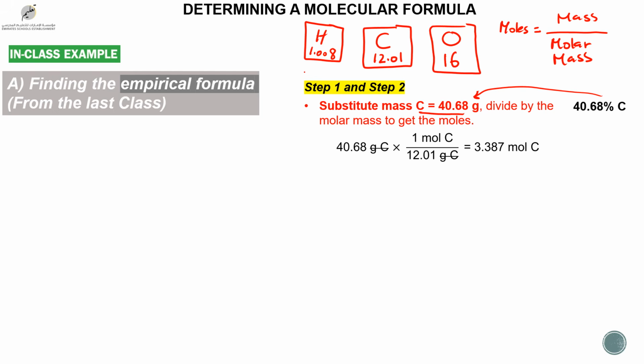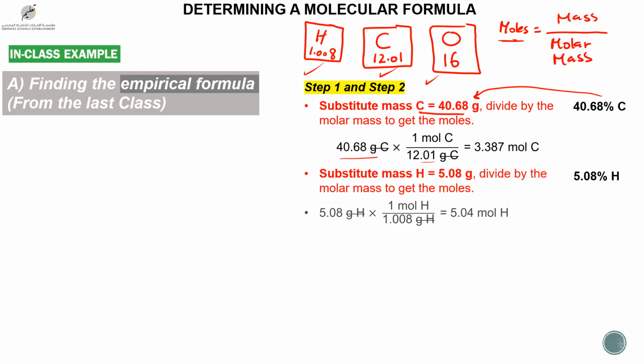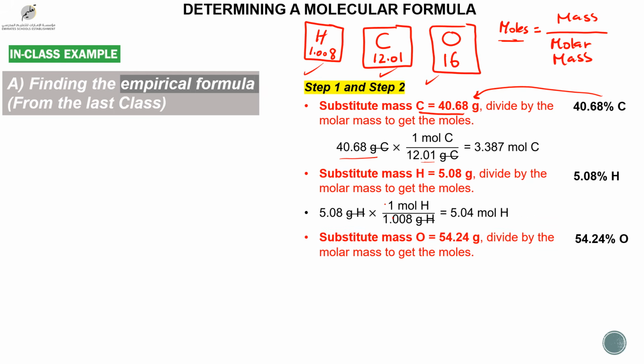And then up here you have the molar masses of the elements, and you know that moles, which is step number 2, is mass over the molar mass. So you divide the mass by the molar mass. For carbon, for hydrogen as well, mass divided by the molar mass, and for oxygen you divide the mass by the molar mass, and then you get the number of moles.